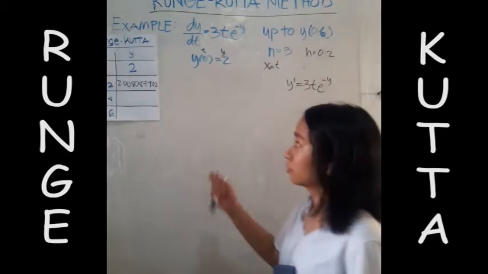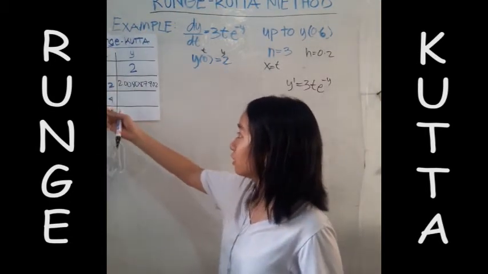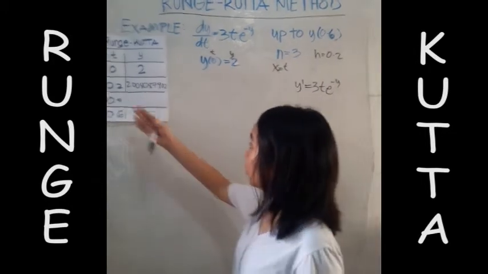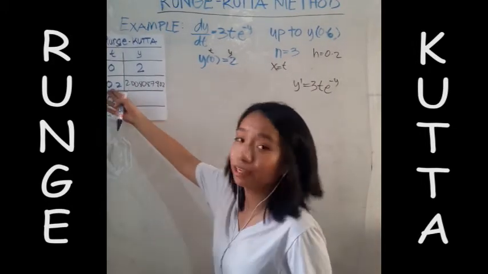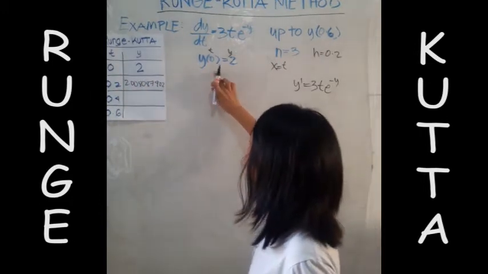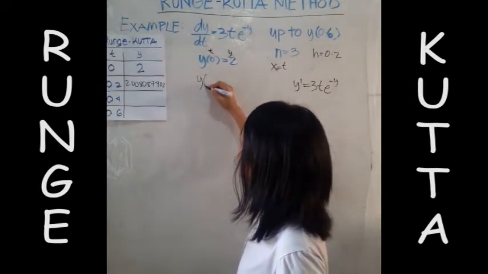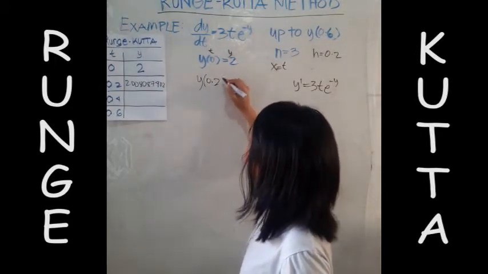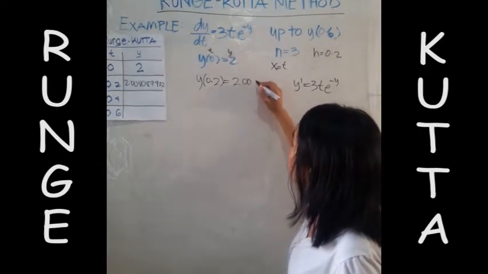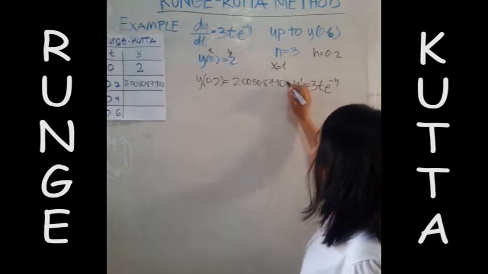So now, in order to get the y when t is at 0.4, this will act as our initial value. So I will just write this as y 0.2 is equal to 2.008087402.